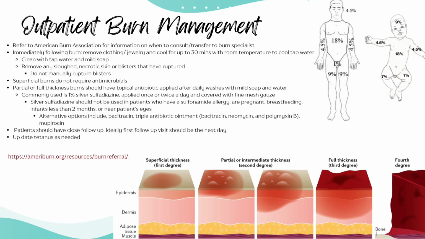That's an important point though, because we do not want to manually rupture any of the blisters ourselves, because this can increase the risk for infection. So like I said, intact blisters generally should be left alone. If the blisters persist for multiple weeks, then the literature says that the patient should be referred to a burn center for further exploration and to confirm that there's not a worsening underlying burn going on.